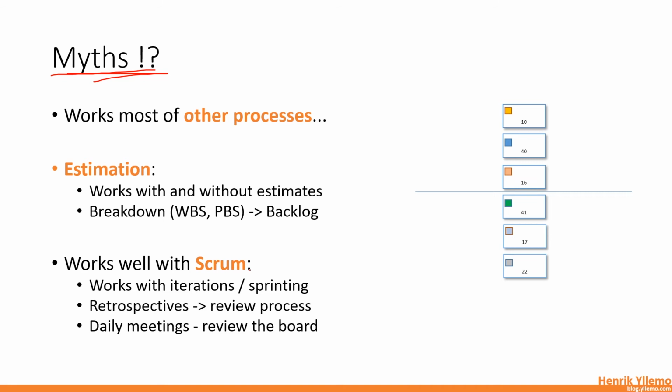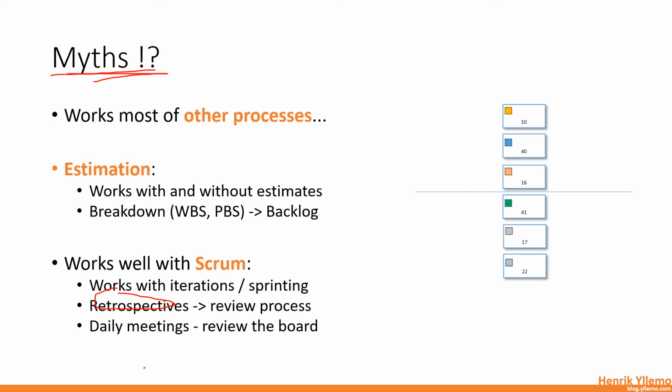And instead of retrospectives, that you typically have in Scrum, you can instead review the process and go about looking at the board and how we are going about this. Can we improve something on the board and in the process around how we work?